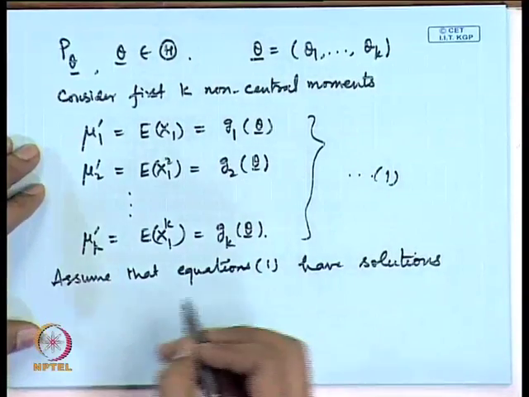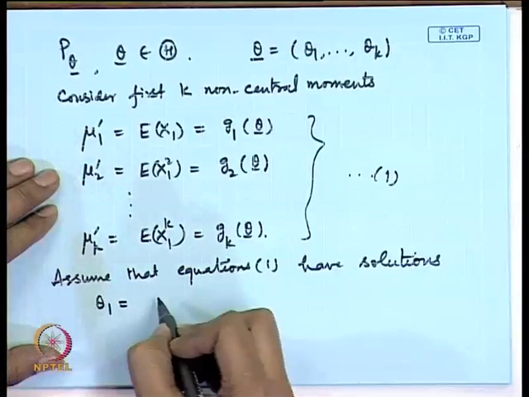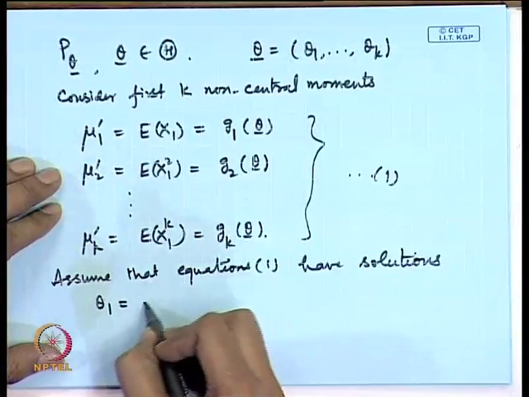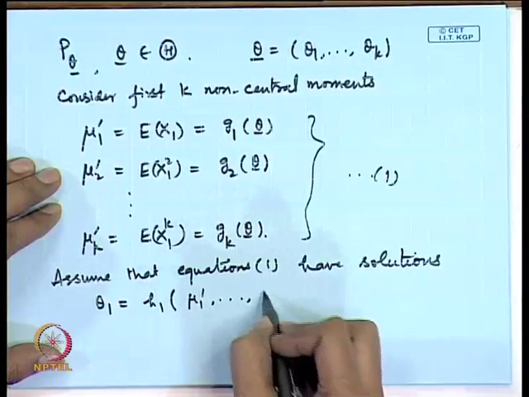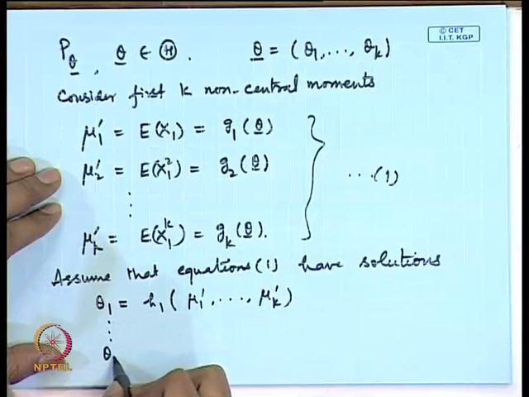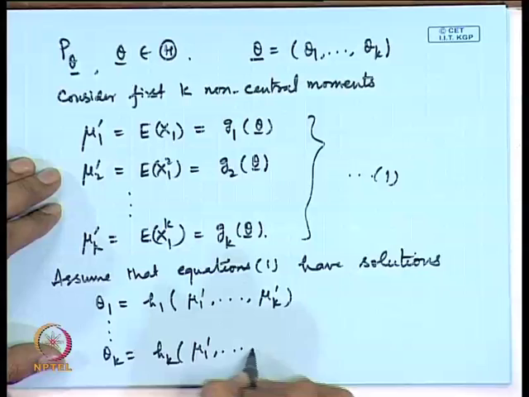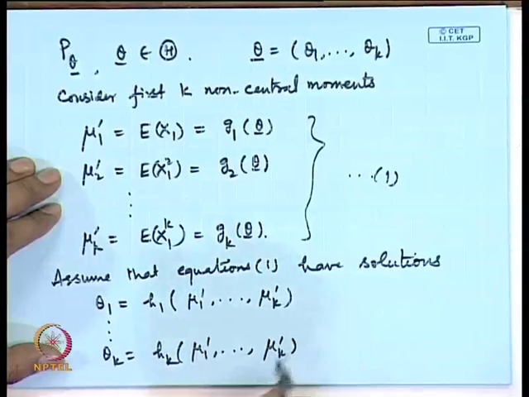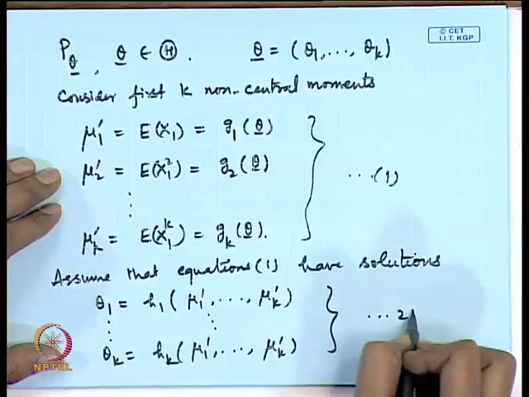Now, the solutions will be in the form, that means, I am saying theta 1 is h1 of mu 1 prime, mu 2 prime, ..., mu k prime, and so on. Theta k is hk of mu 1 prime, mu 2 prime, ..., mu k prime. Let us call it 2.